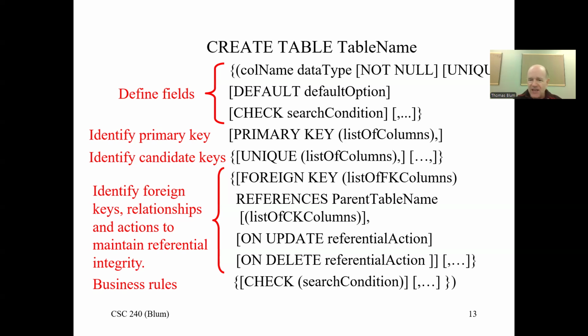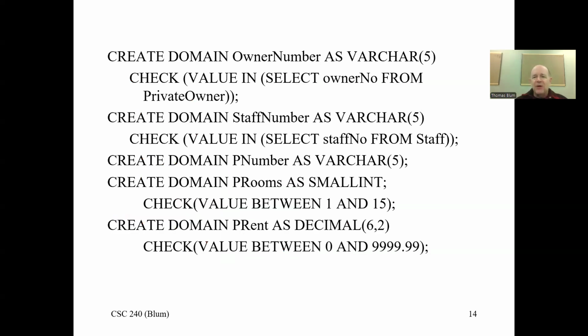We have the foreign key in a list of tables and what they reference, what we might do if we update, what we might do if we delete, and we might have business rules that we check. So this is all just a generic collection of all the things that might go into the definition of a table.